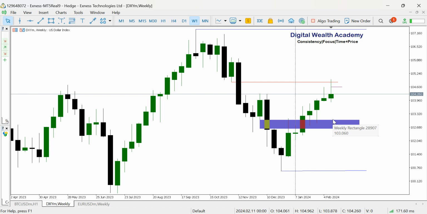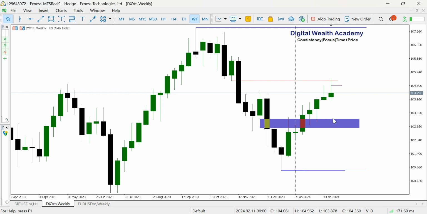So in price, my weekly draw on liquidity on the DXY is the previous week low, then all the way to inefficiencies, which is this particular inefficiency. I mean, my draw on liquidity is this previous week low and this inefficiency in price.